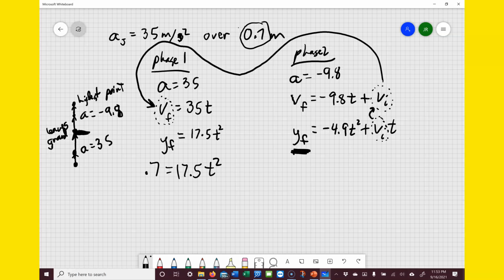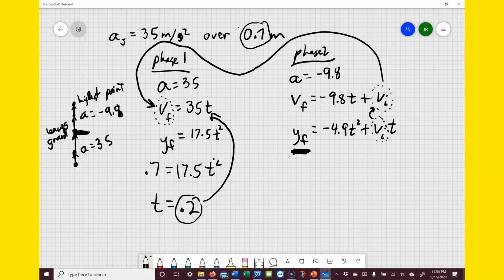So let me do a little bit of calculator work. After dividing by 17.5 and taking the square root, I get t is equal to 0.2. So 0.2 seconds is how long that took. I'm going to plug it in there to get my velocity.